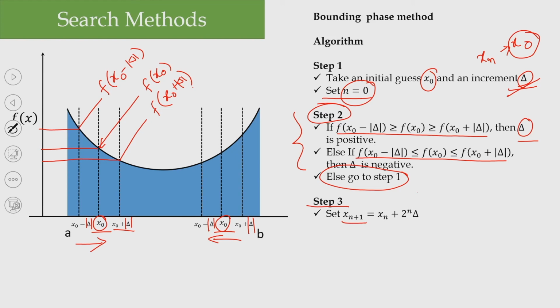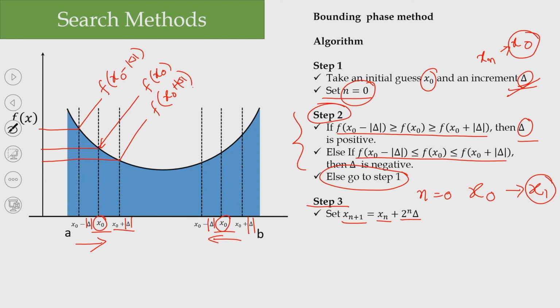Now, in step 3, initially n equal to 0, that is my x naught. Now you are finding n plus 1, that means I would like to find out what is x 1. Now, x 1 equals x naught plus 2 to the power n into delta.